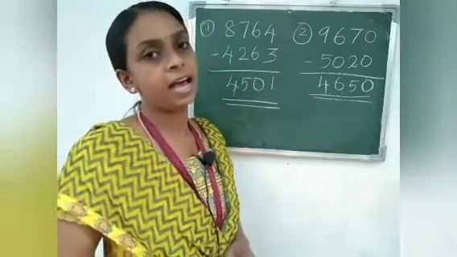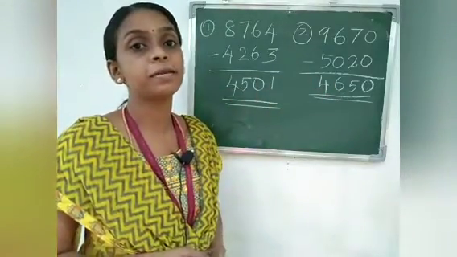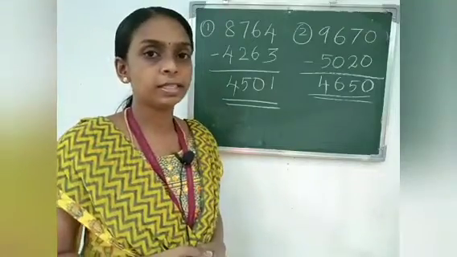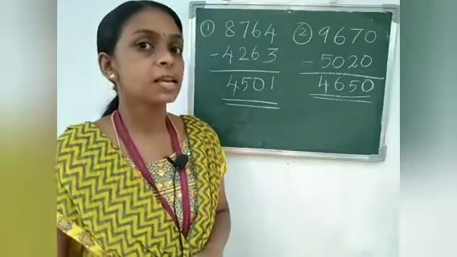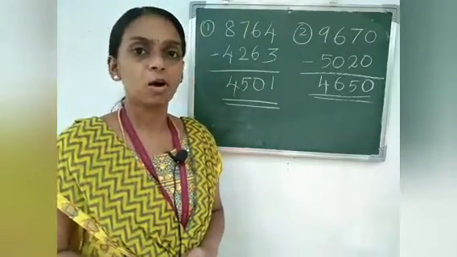4650 is the answer. So I showed you 2 examples of subtraction of 4-digit numbers. For a 4-digit number, there are 4 places: ones place, tens place, hundreds place, and thousands place.